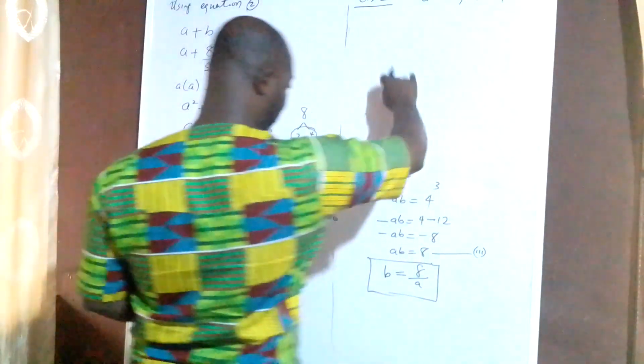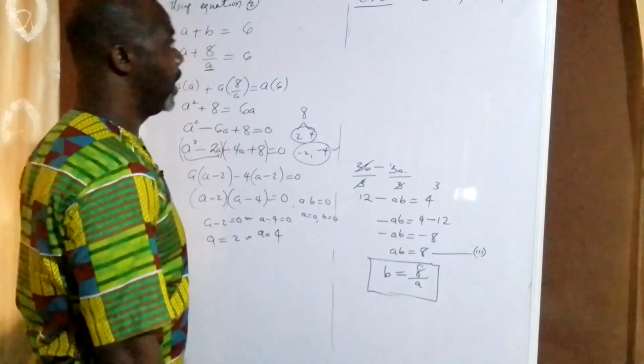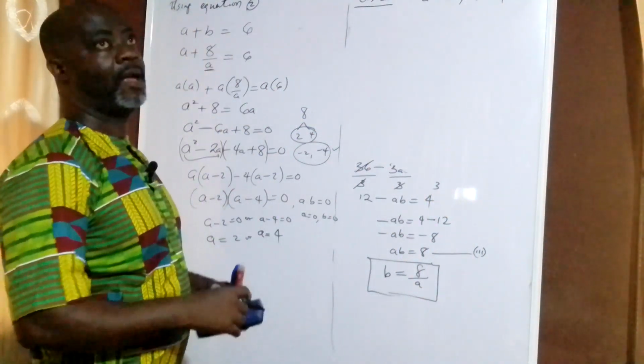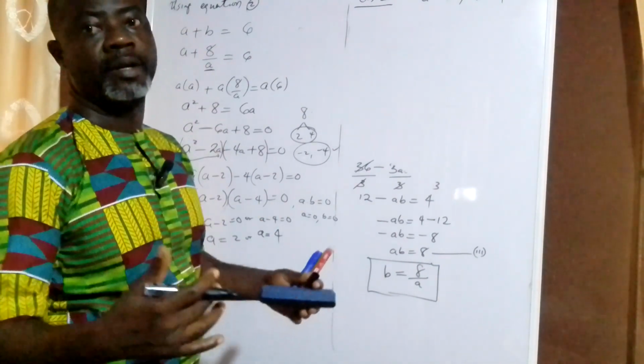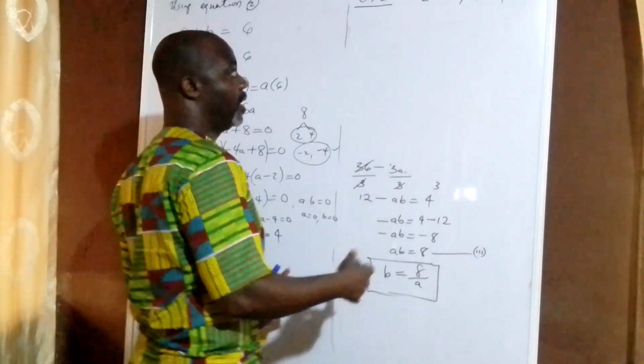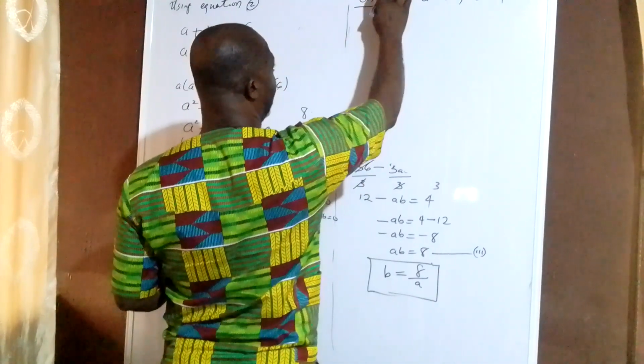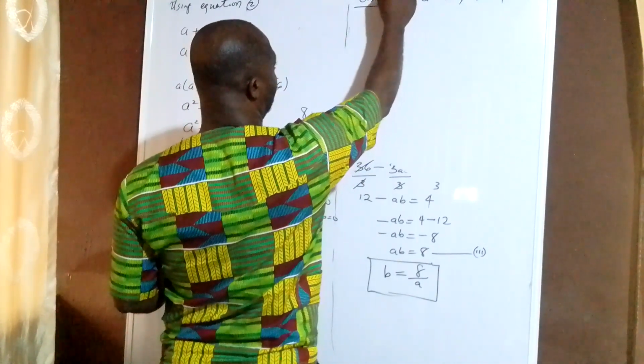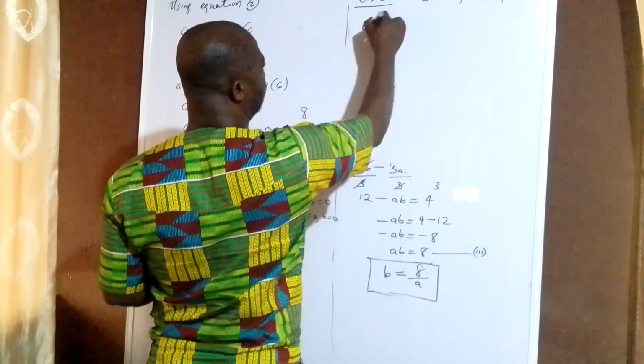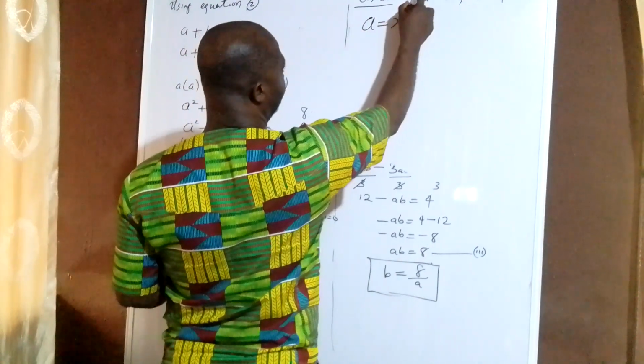So don't forget what we agreed that x should be a to the power of 3. So for case 1, a should be equal to x to the power of 3.